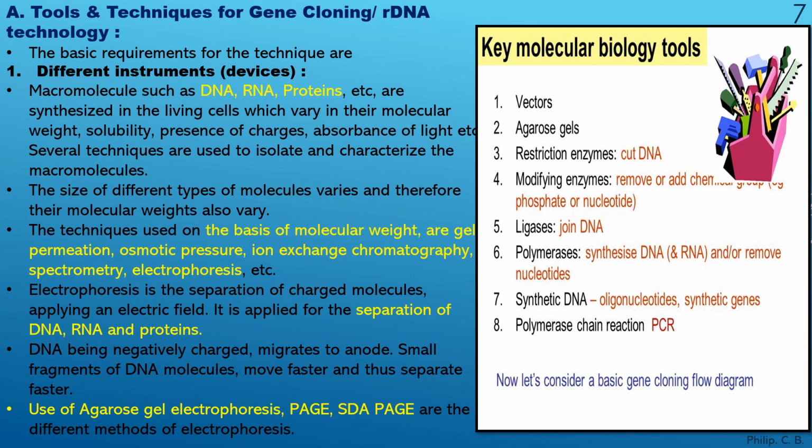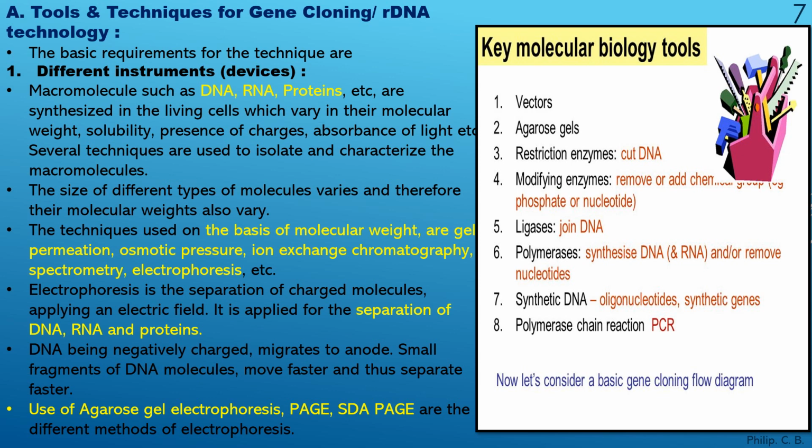The techniques used on the basis of molecular weight are gel permeation, osmotic pressure, ion exchange chromatography, spectrometry, electrophoresis. Now these are the different techniques used in rDNA technology, and these are different methods, we can say, as a tool: chromatography or electrophoresis or spectrometry.